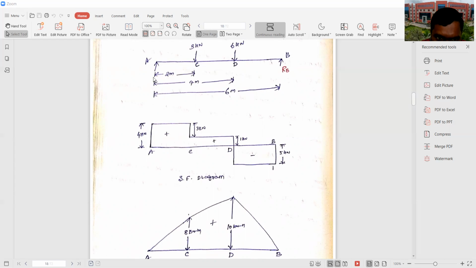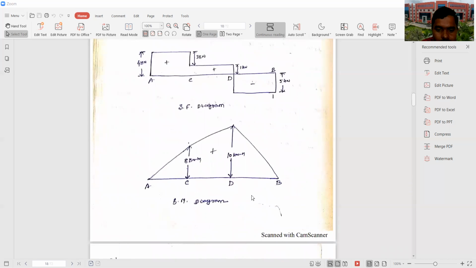So RA 4 into 4, 16, minus 3 into 2, 16 minus 6, which is 10 kilonewton meter. Therefore at point D it is 10 kilonewton meter. Then at point B, for a simply supported beam, the moment is 0, so from 10 kilonewton meter it reduces to 0. This is how you have to calculate the bending moment diagram.